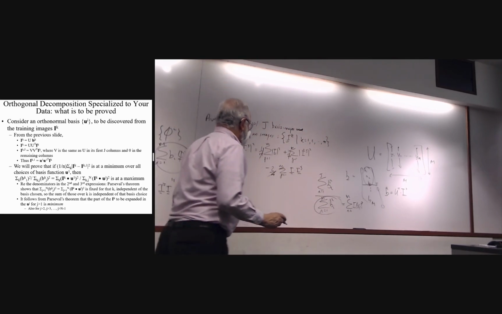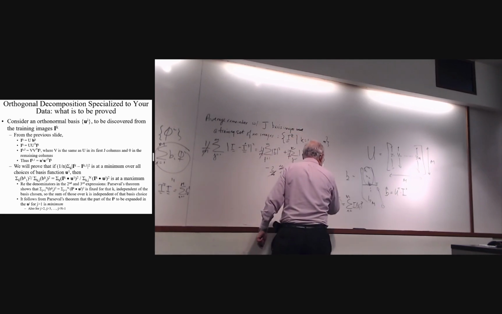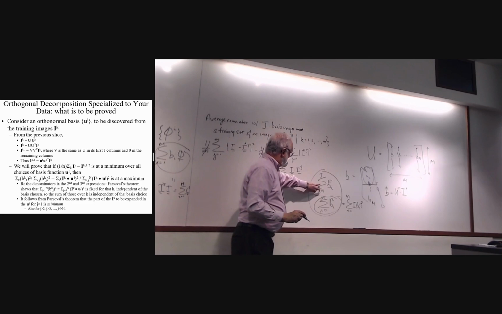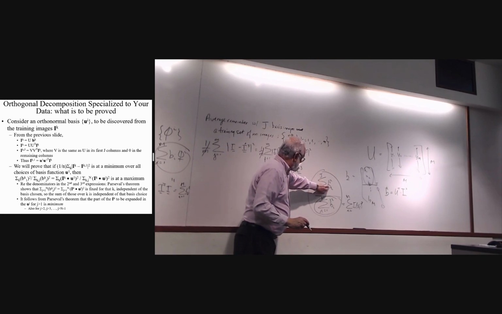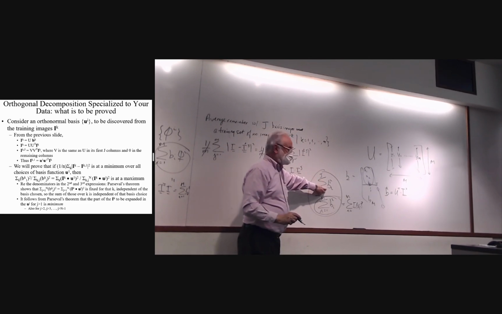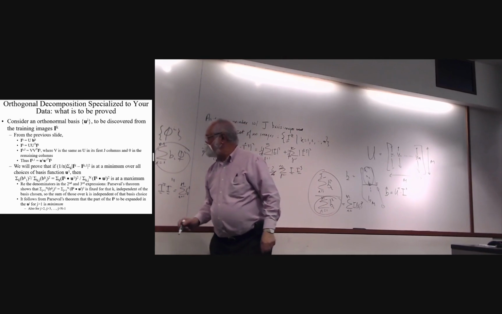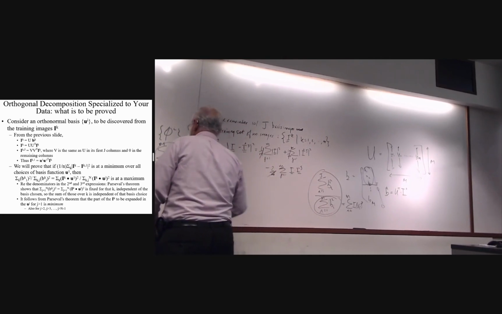What we're going to be arguing is that maximizing this, spending the most of our budget as a fraction of the total budget on the first J of them, will in fact minimize the error.